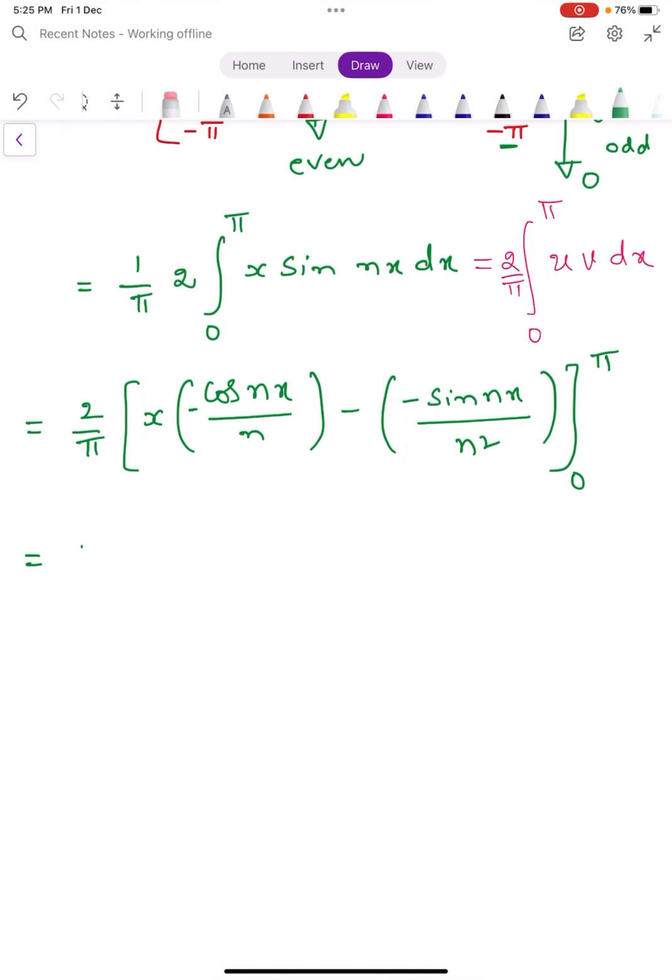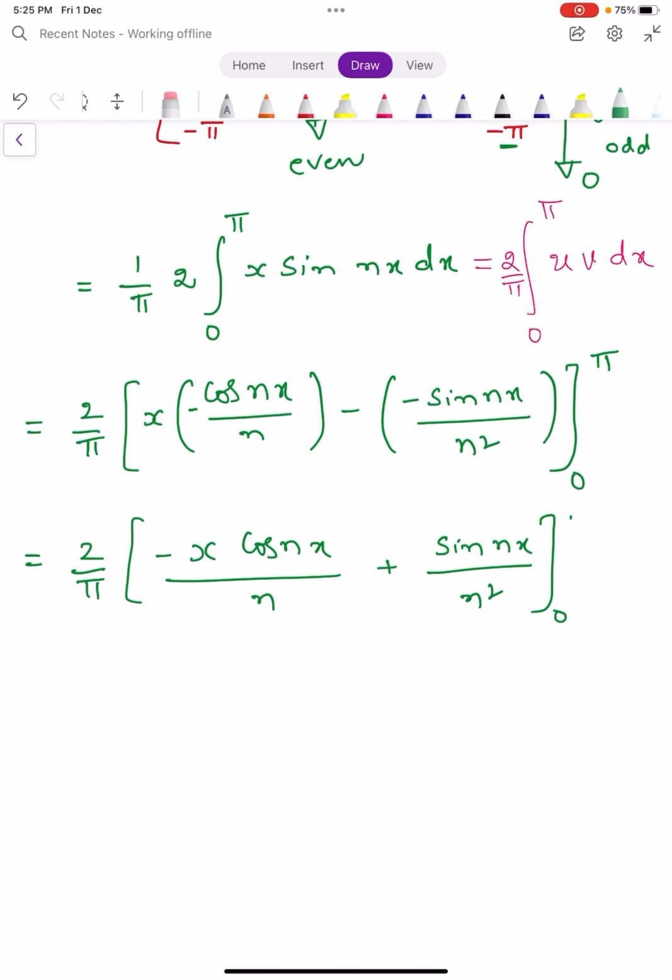So you observe that 2 by pi, minus x cos nx divided by n, minus minus plus sin nx divided by n square, limits 0 to pi.